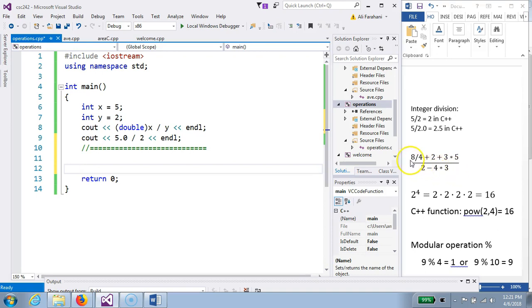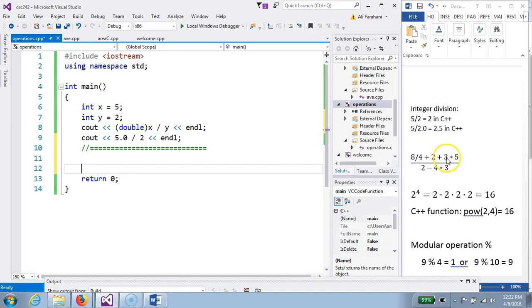I have this arithmetic expression, and I want to program C++ to figure out the results here. Now, if you want to compute this by hand, you know the order of operations. Multiplication and divisions are performed first, and then addition and subtraction. So looking at this expression, first you would do 8 divided by 4, which is 2.